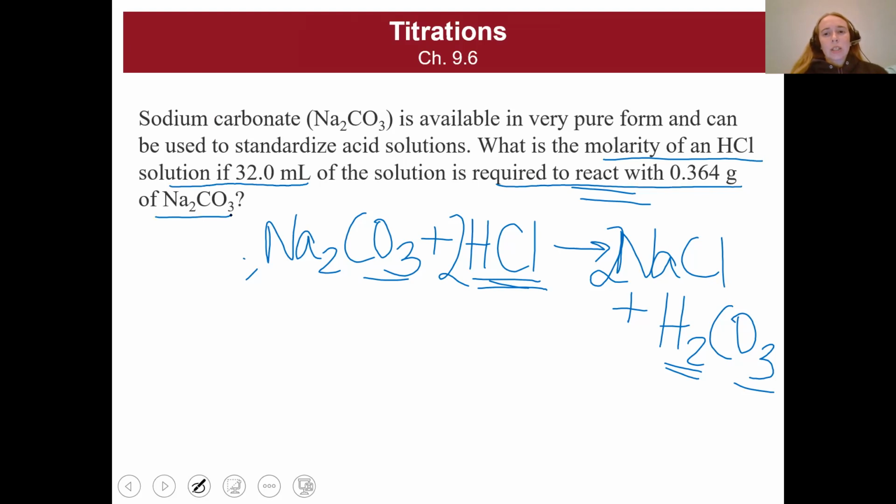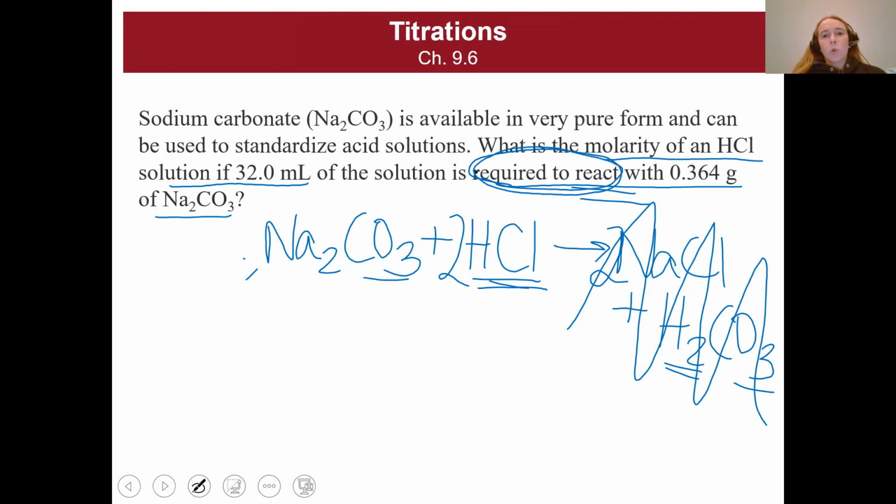So we don't actually care about what is produced at all. We needed it to find our balanced equation, but we don't need it anymore. We don't care about the product. We just care about how much is required to react. So that means we want equal amounts of our two reactants. That is exactly how much is required.